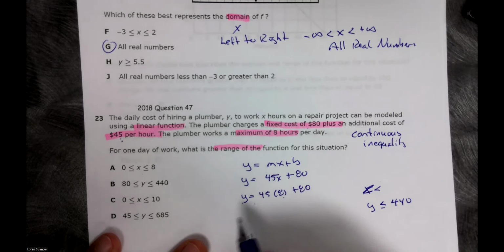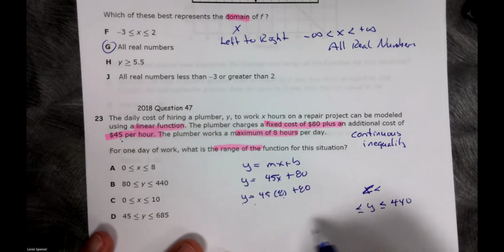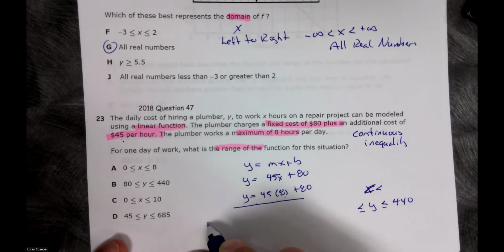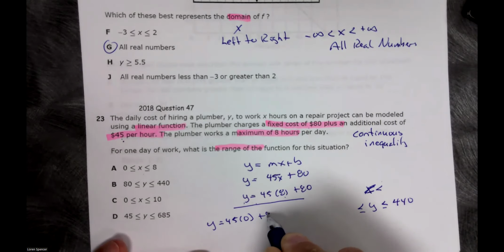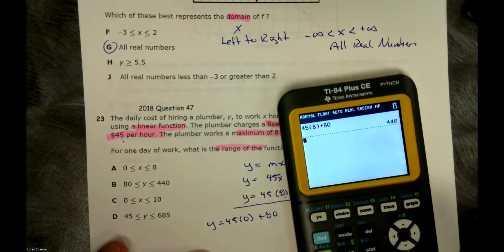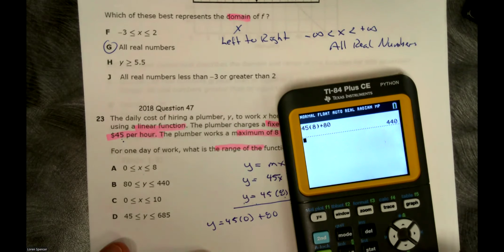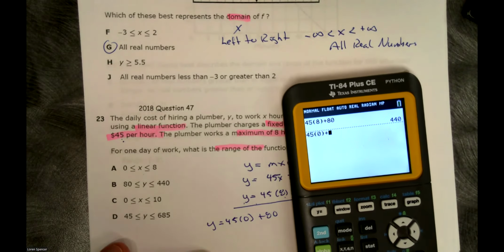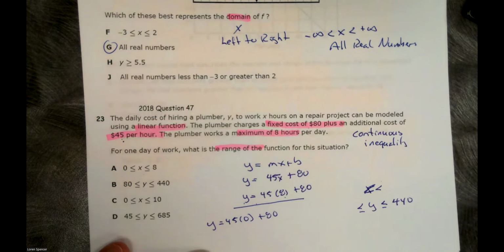But what happens if he works 0 hours? That could probably be the minimum he could work. In this case, if it was the minimum, we'd go y equals 45 parenthesis 0 plus 80. When I plug that into the calculator, 45 parenthesis 0 plus 80, I end up getting 80.